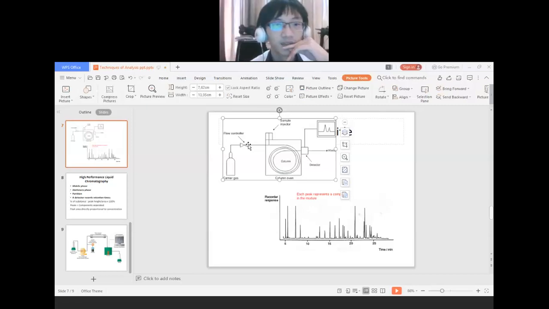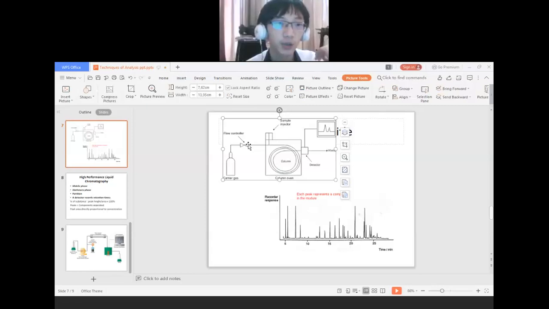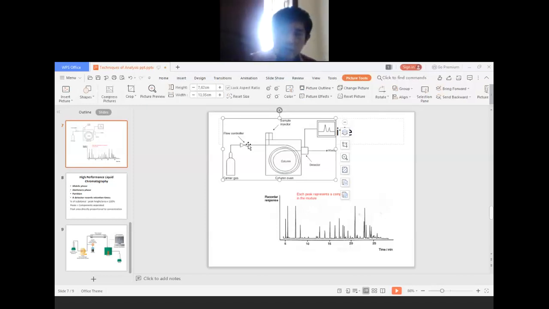To analyze. One more thing, sir. The sample injector, I believe you said it has to be liquid, right? Yes, the sample injector, and also it has to be volatile, easy to evaporate. If less volatile, then what happens?